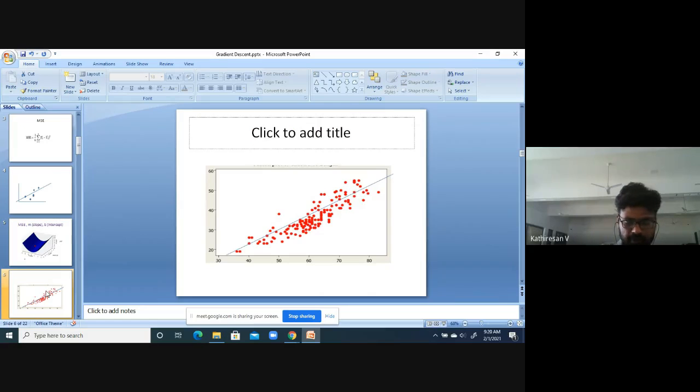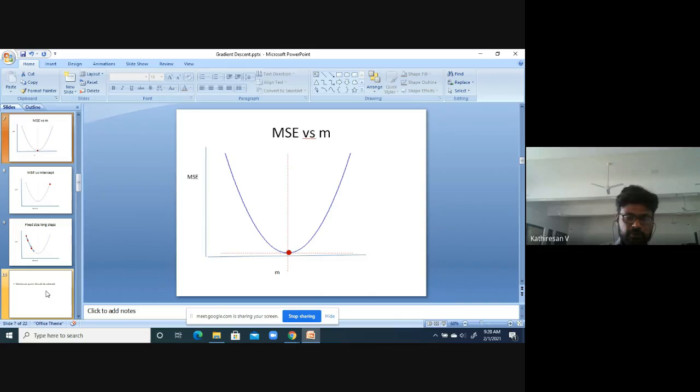Now just look into this particular graph. In this graph, we are representing mean square error and slope. When we talk about mean square error in that three-dimensional graph, we represent MSE, slope as well as intercept in three-dimensional space.